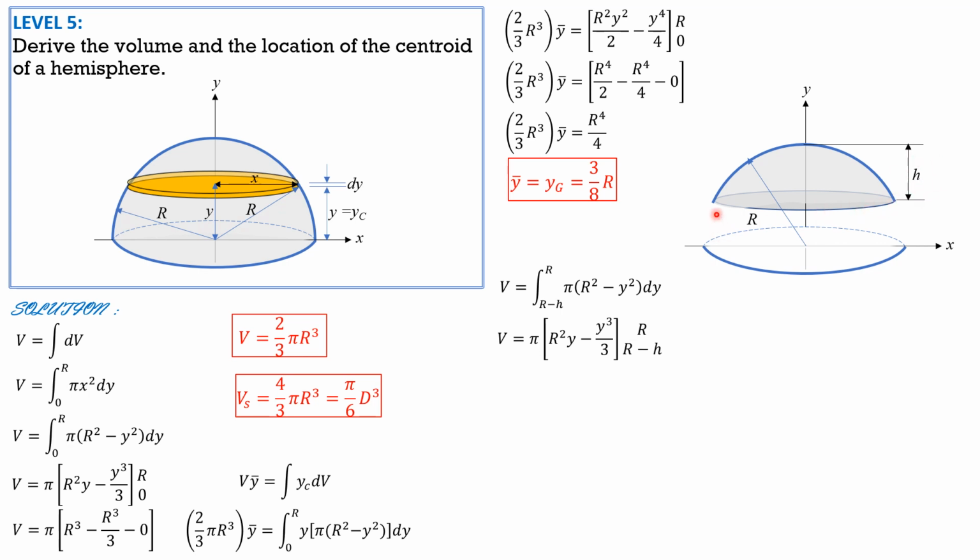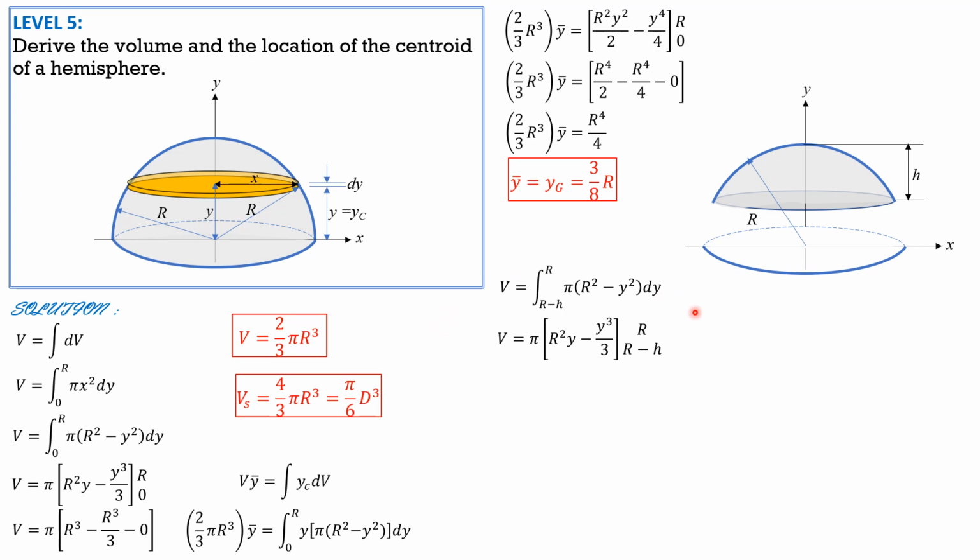Small h is given as well as big R. So from this level, this is R minus small h, and from the x-axis to that top surface is R. So that's why the lower limit is R minus small h, and the upper limit is big R. And this is the differential volume from here.